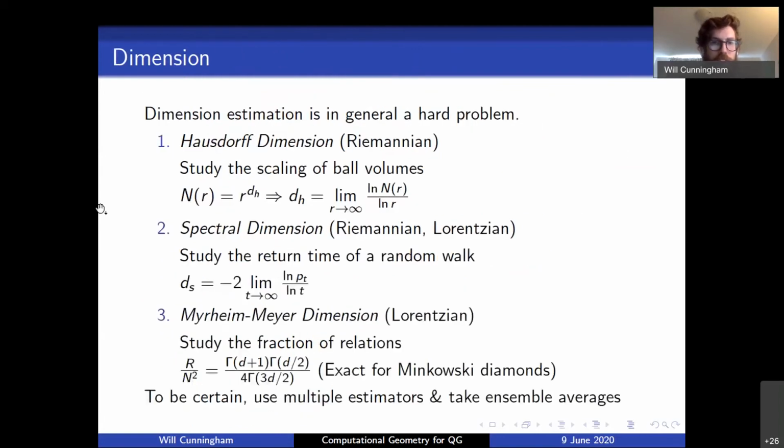So let's take a look at dimension. In general, dimension estimation is a hard problem, so we use estimators. And typically, these estimators are going to make certain assumptions. For instance, that at small scales, meaning in local neighborhoods, our graphs are going to correspond to flat manifolds.